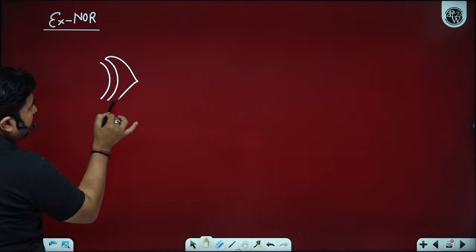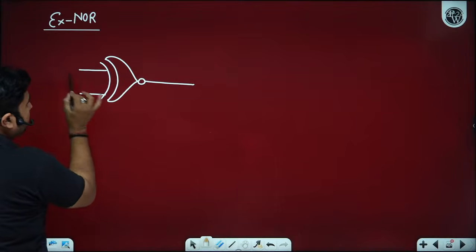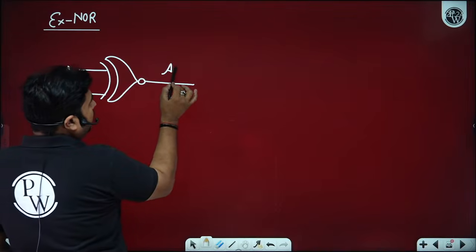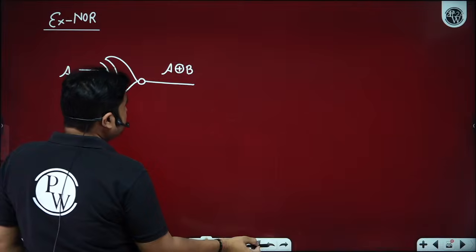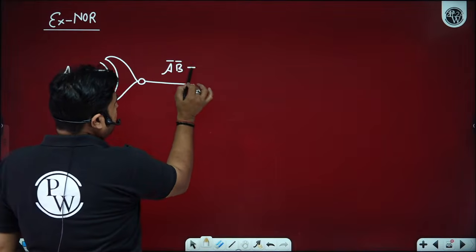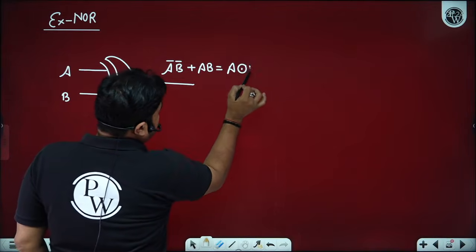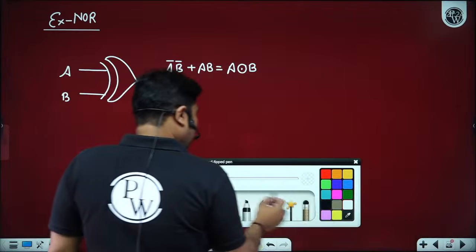This represents NOT over XOR. Basically, if we have A and B, this shows A XOR B whole complement, or you can directly write A bar B bar plus AB. It is represented by a circle with a dot. Is it okay? Great, sir.